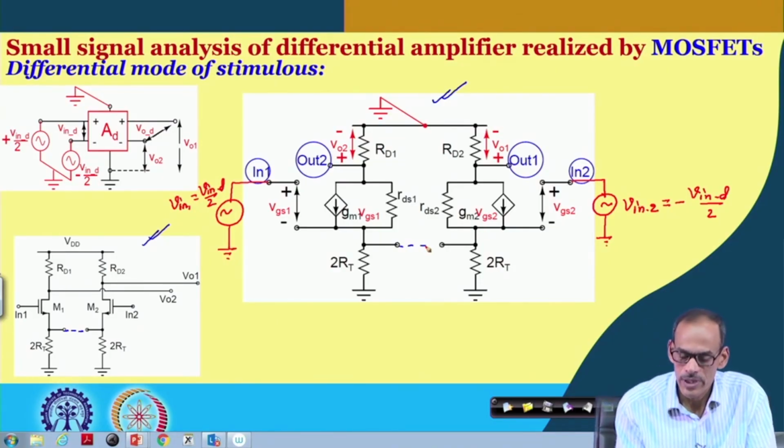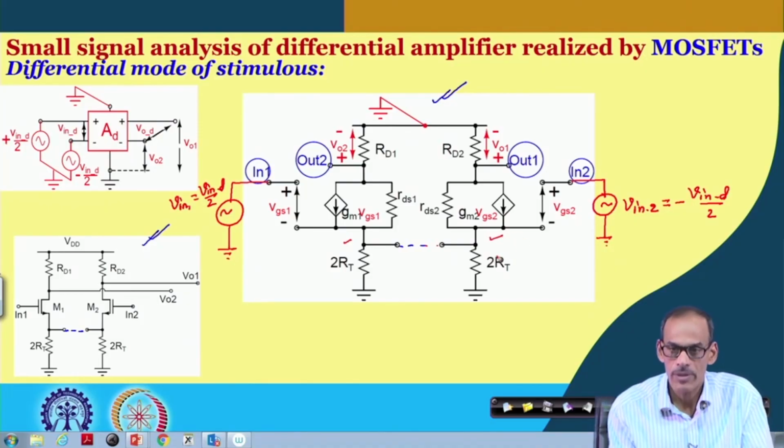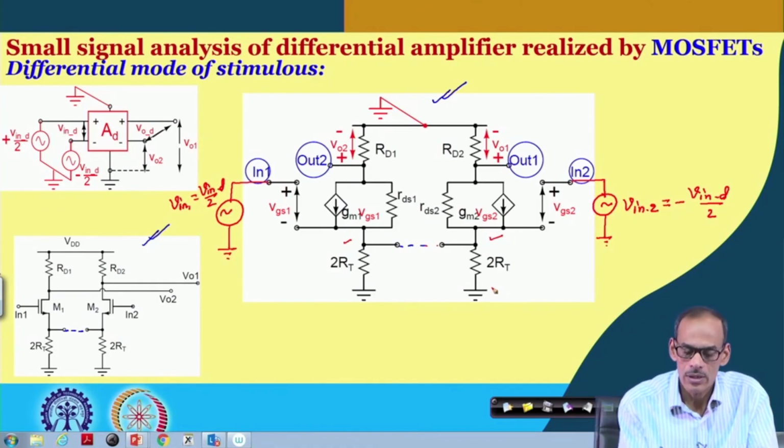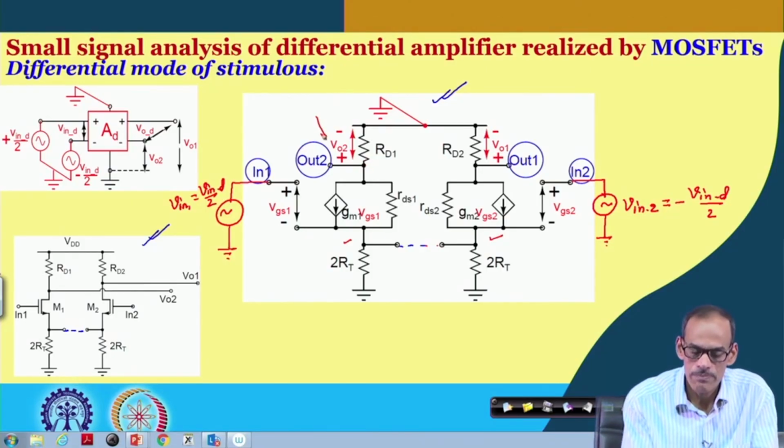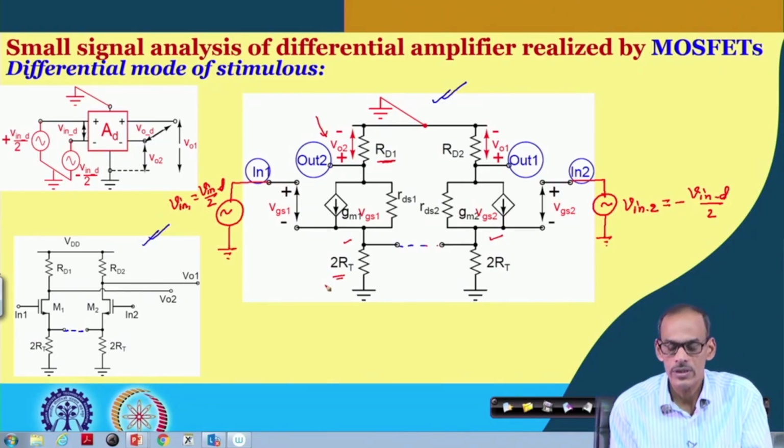then before we make this connection, we have signals here and here, but the two signals were in opposite phase, and the gain we obtained was only RD divided by 2 RT.